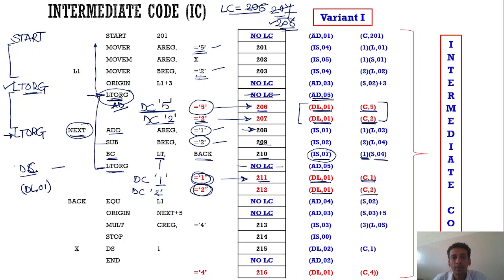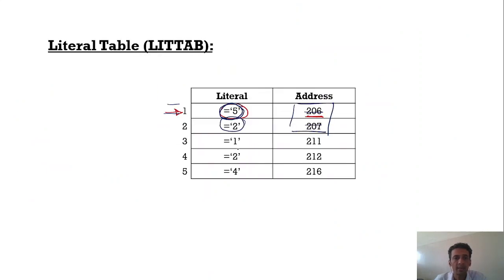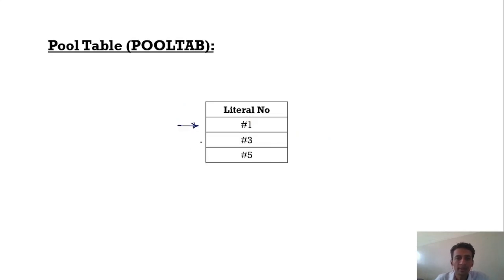Okay, so the second pool is starting from literal 1. So if you look at the position of 1 in the literal table, it's at number 3. So in the pool table, the second pool of literals is starting from the third literal in the literal table.